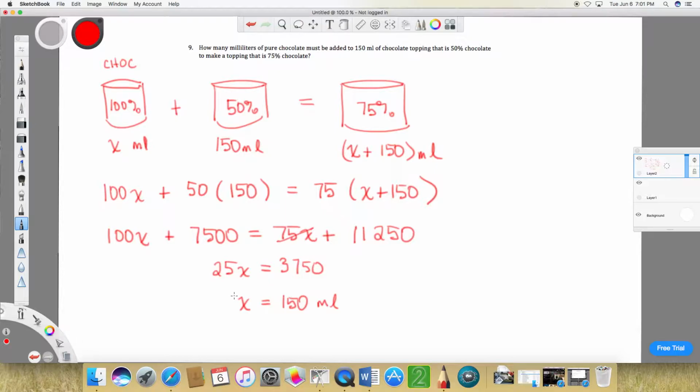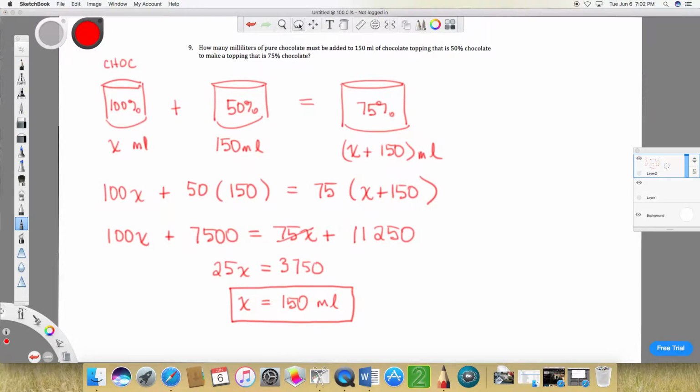You need some algebraic support, or at least write down some type of thought process of how you saw the proportions being such that the 75 was the midpoint, halfway between, so equal amounts here produced a mixture that was the midpoint.